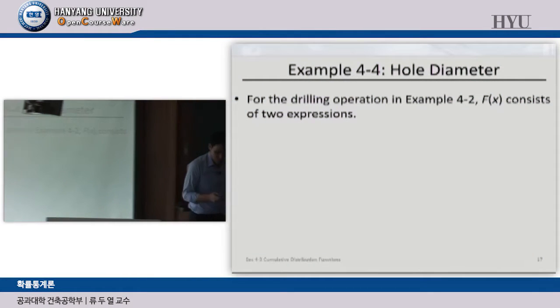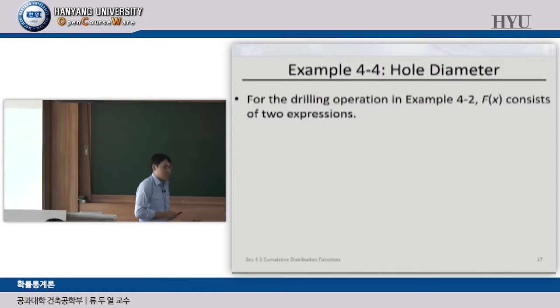Today, I'm going to explain the cumulative distribution function, and this is example 4-4 about the hole diameter. For the drilling operation in the previous example 4-2, large X and small x consist of two expressions.